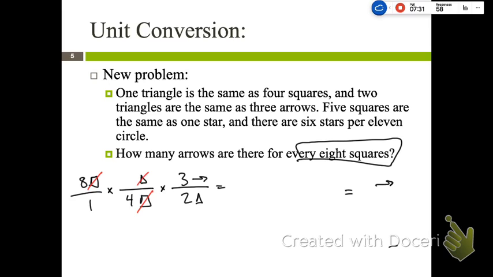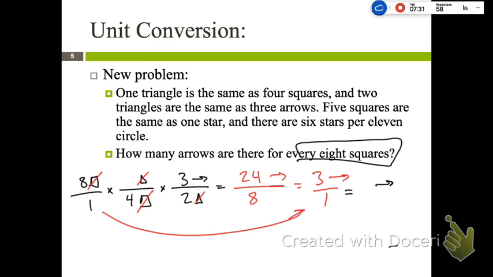So we did mathematically cancel out both squares and triangles. We're left with one unit, which is arrows. So that's fantastic. And we have 24 arrows over 8. Is that right? So that means that we end up with 3 arrows over 1. And if we wanted to, we could say we have a new conversion factor: 8 squares equals 3 arrows.